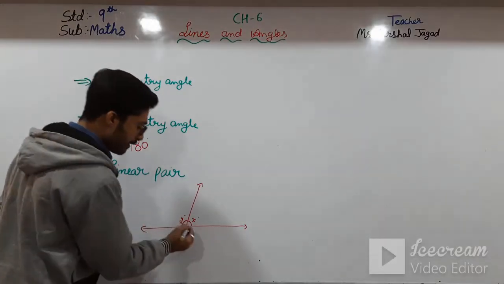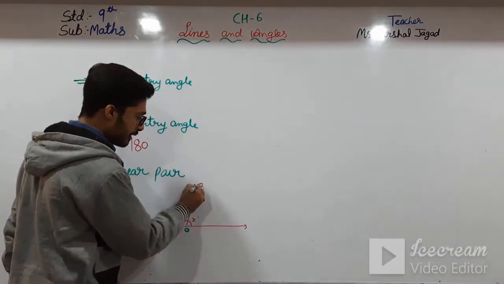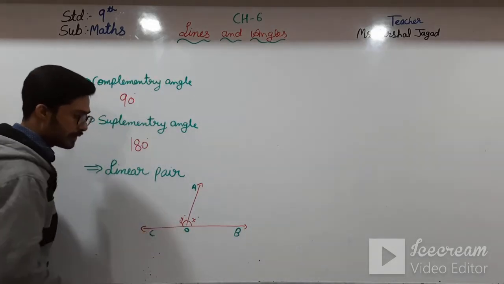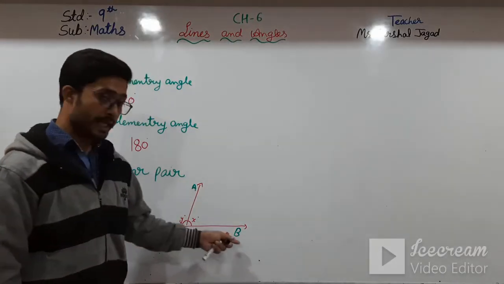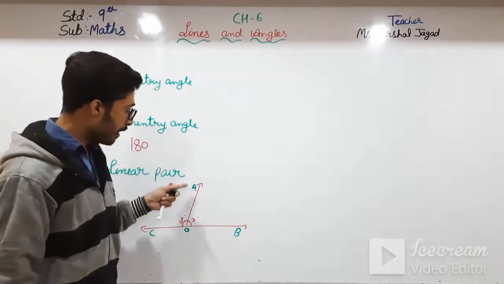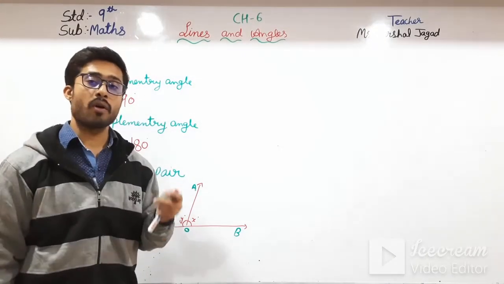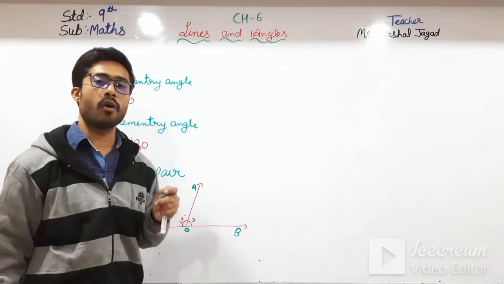If I note a point, this is O, this is A, this is B and this is C. So if the angle AOB and angle AOC, which arm is common arm, we can say that AO is a common arm.